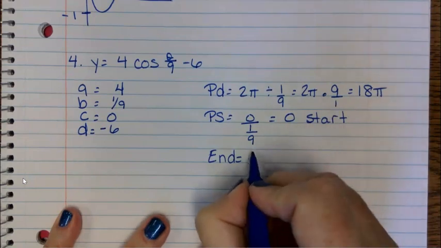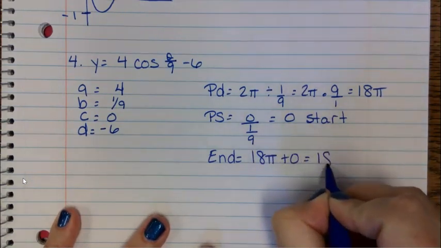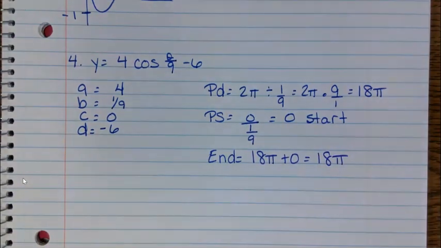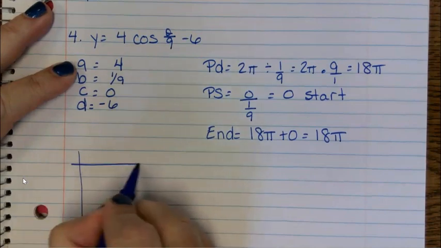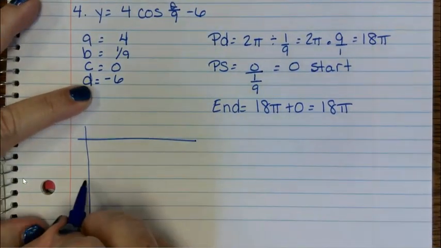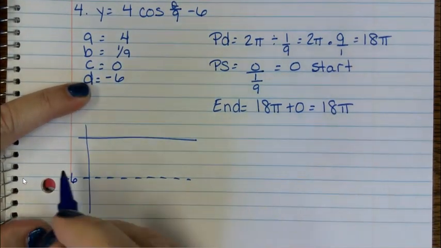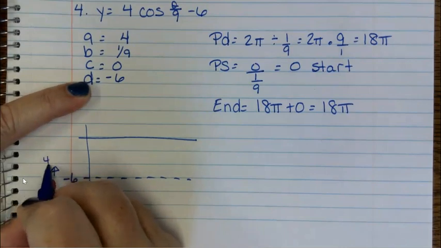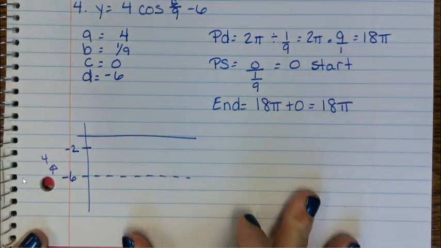And end is period plus phase shift, which is 18 pi. So here we go. My midline is at -6. I'm going to go up 4, and if I go up 4 from -6, that puts me at -2.